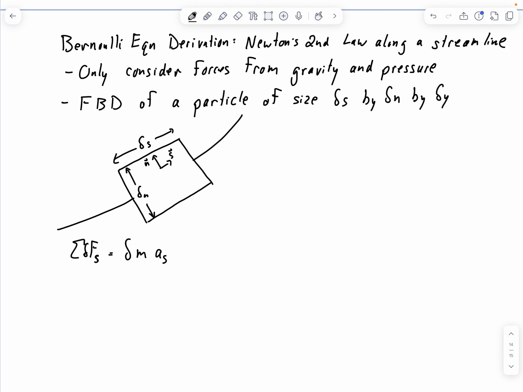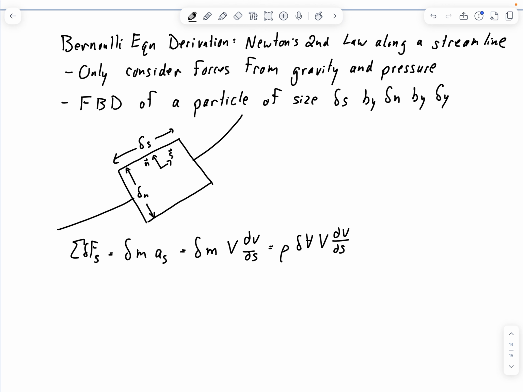Well, we can rewrite this as delta M times the velocity times del V by del S, which is equal to rho delta V, our differential volume, times the velocity times del V by del S. So this is a way of rewriting the mass times the acceleration. So we're multiplying the density times the volume and then multiplying that by the acceleration along the streamline.